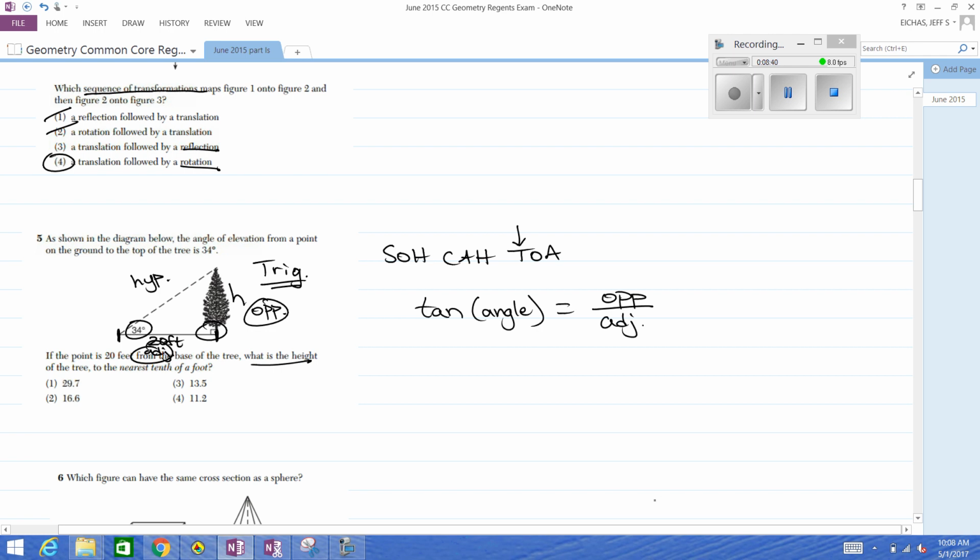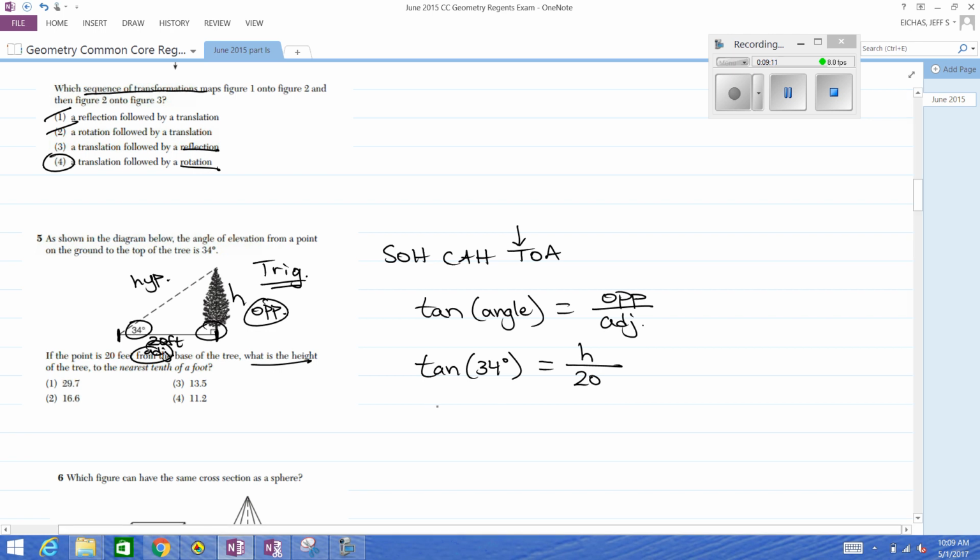Okay, now what we'll fill in is tangent of 34 degrees equals, we don't know the opposite side, we do know the adjacent side is 20. Now we'll go to the calculator. I'll have to type in tangent. Sorry, you can't see what I'm doing here, but you'll have to go to your calculator right now. Hopefully you're typing in tangent of 34.